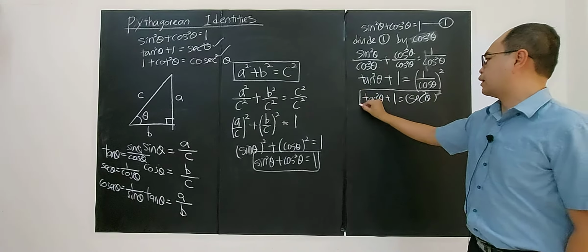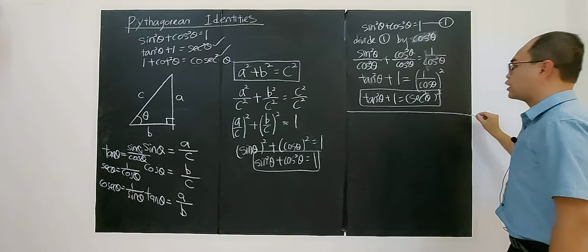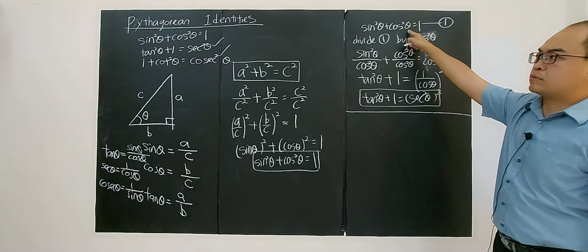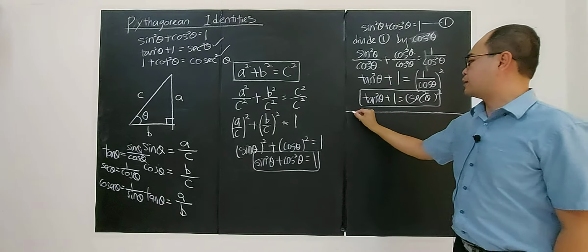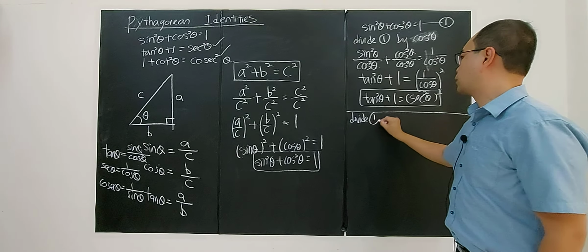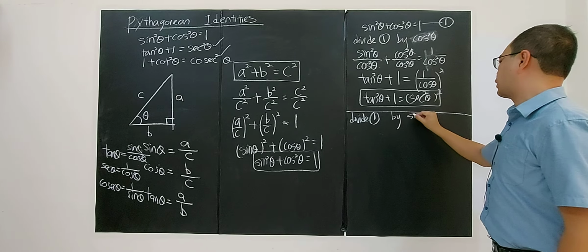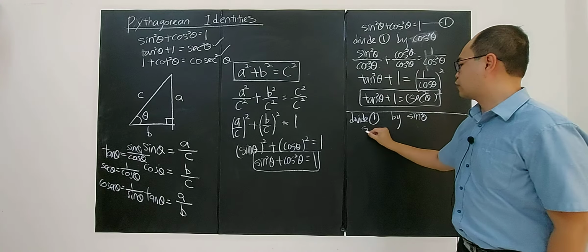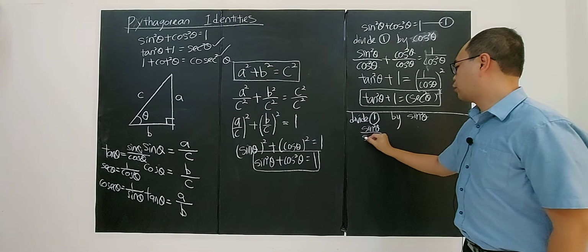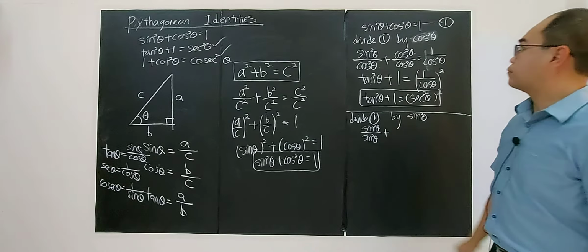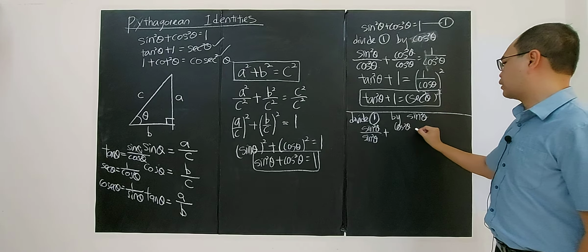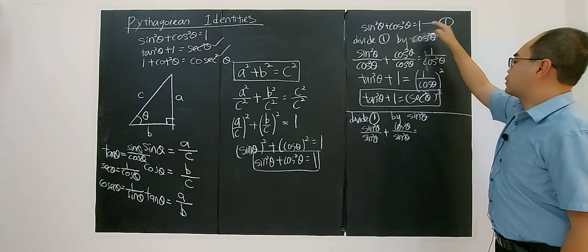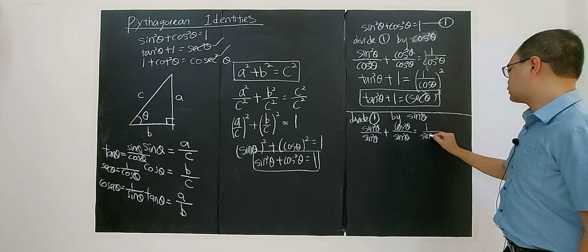Now I'm going to generate the third identity, using the same sine square plus cos square equals 1. This time, instead of cos square, I divide by sine square theta.